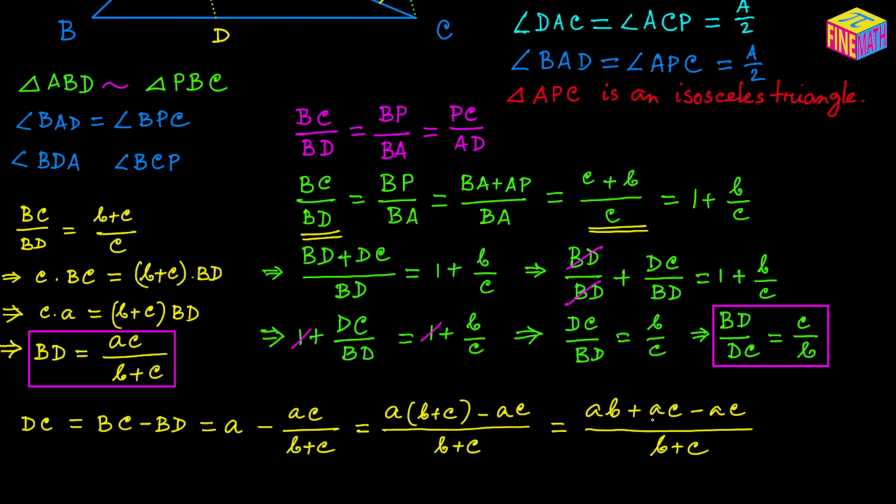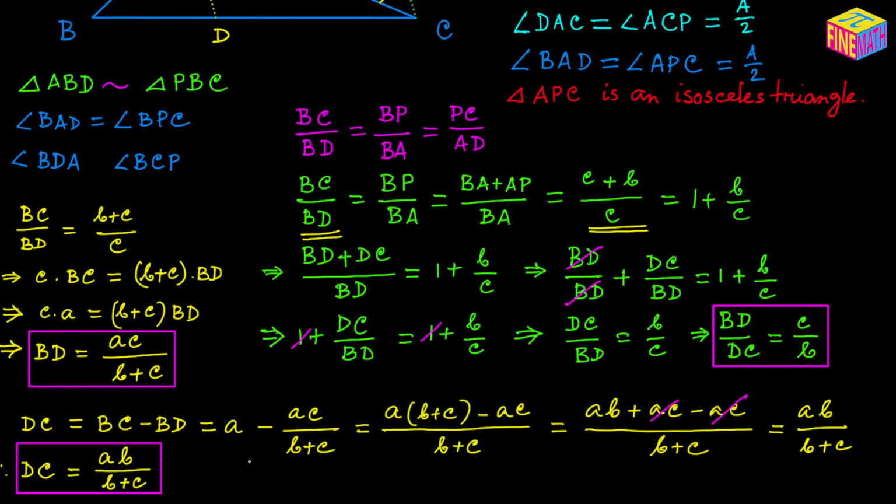From here you see a times c, positive and negative, will cancel out each other, and we are left with a times b over b plus c. So DC is equal to a times b over b plus c, and this is the other important result that I wanted to show you.